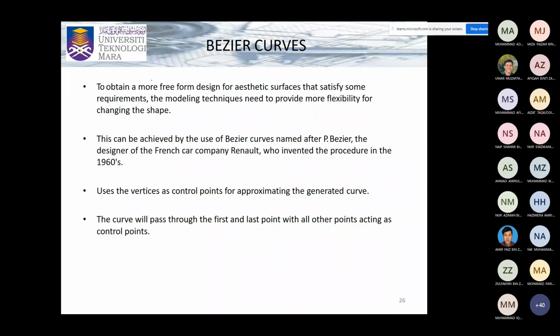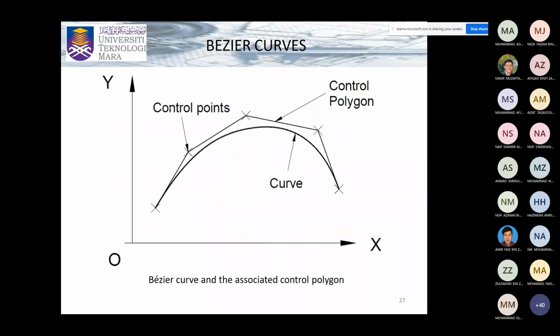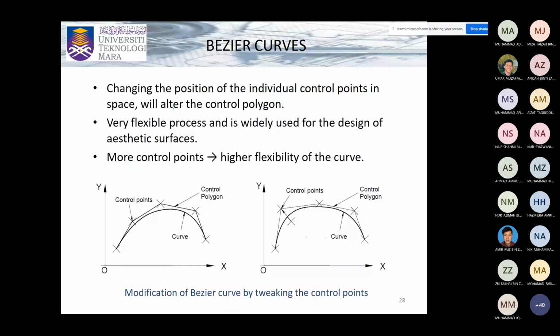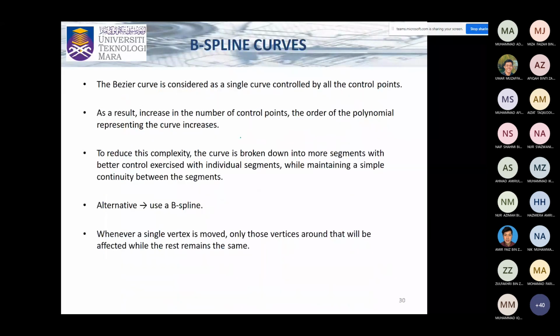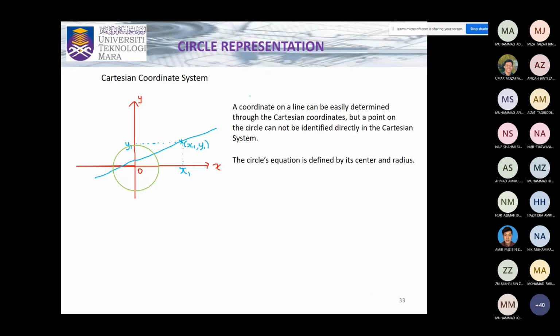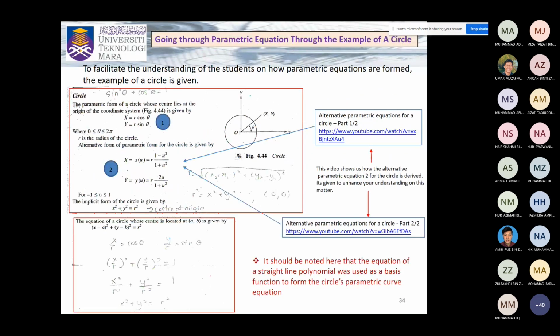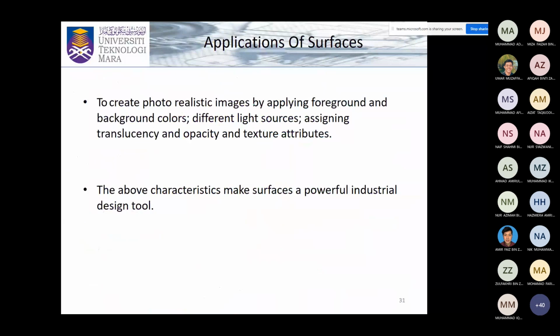We put in the Bezier curve so that you can appreciate what is involved in just drawing a simple spline, what else to speak of complicated surfaces. So this entire calculation part we will go through in the next class. Now I'm going on to the application of surfaces, but give me a minute.